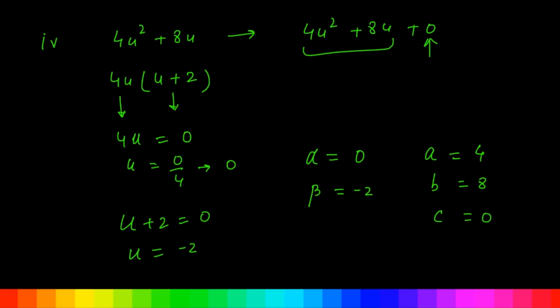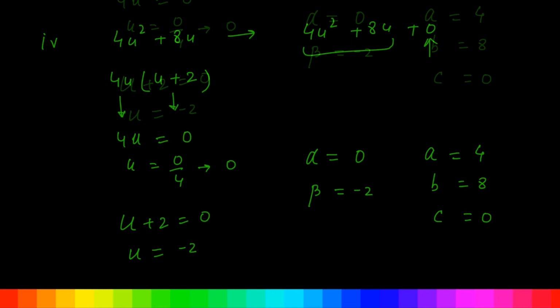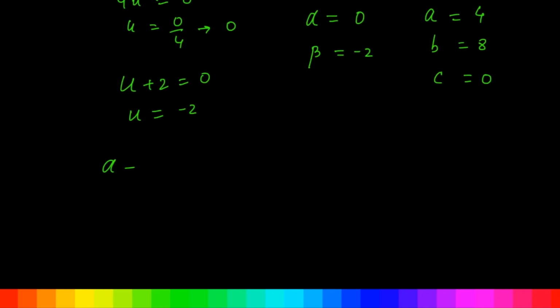Let us verify the relationship. We know that the sum of the zeros, alpha plus beta, is equal to minus b over a. Putting the values, alpha is given as 0 and beta is minus 2.